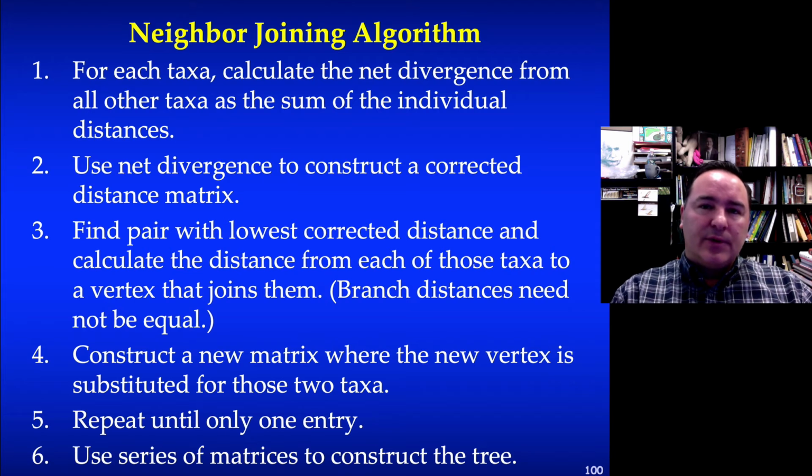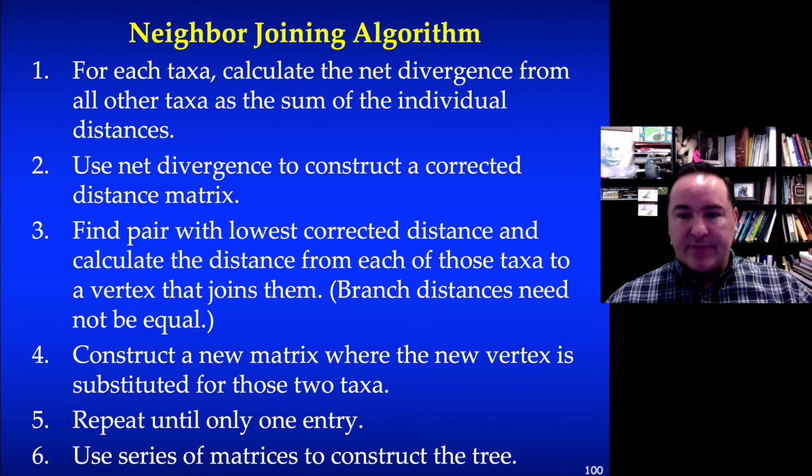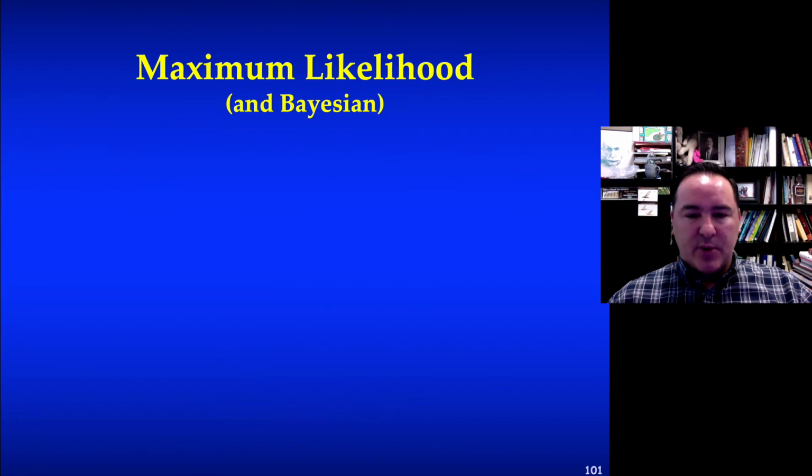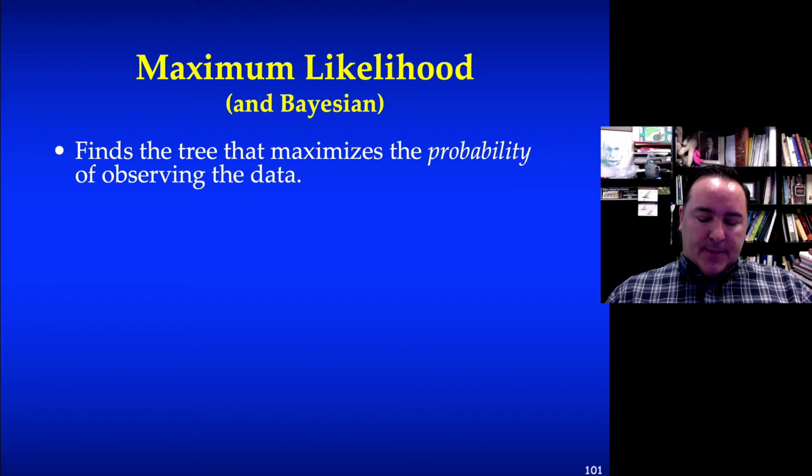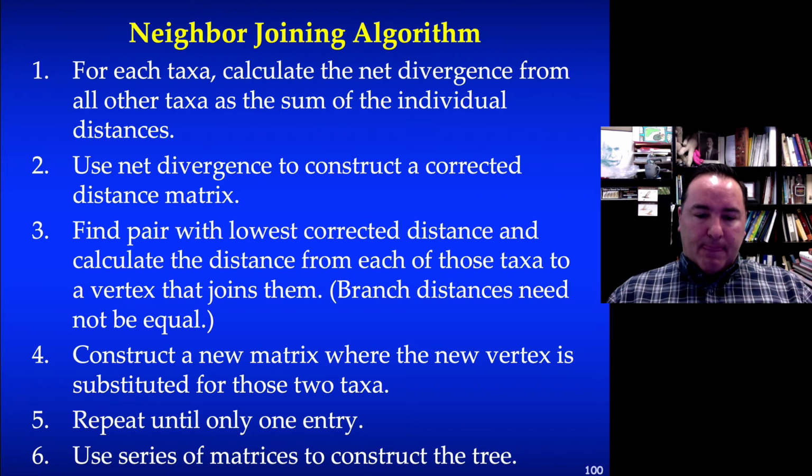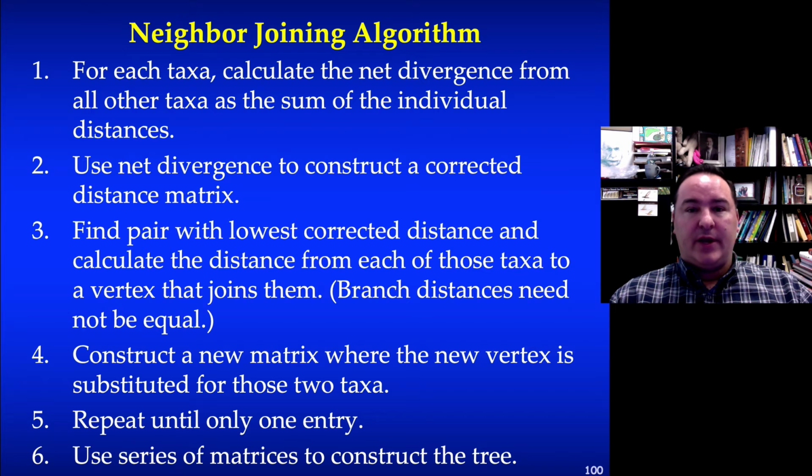So it's similar in the logic that we just did. It just allows for corrected distances on each branch, where branches can be different lengths, and so you can have different rates of evolution happening on each branch. Okay. And I'll show how that's done also in a different video on how you do that in Mega.